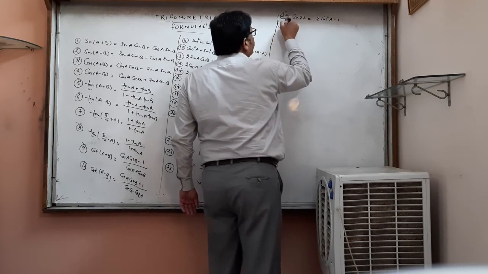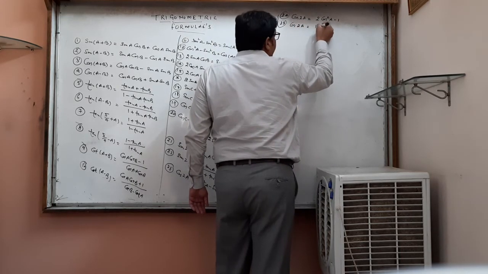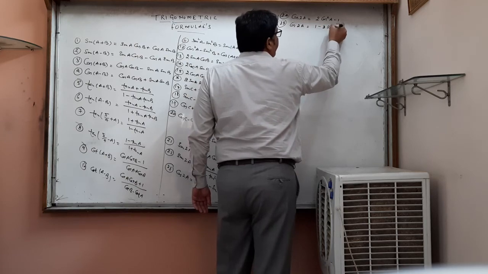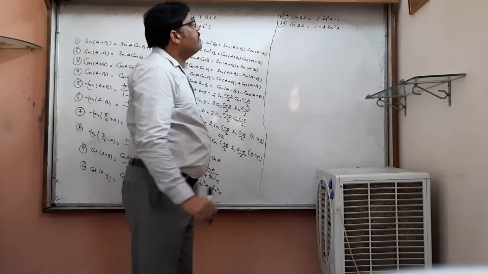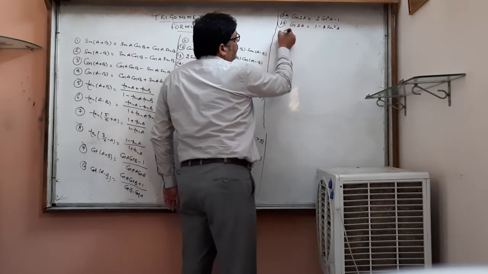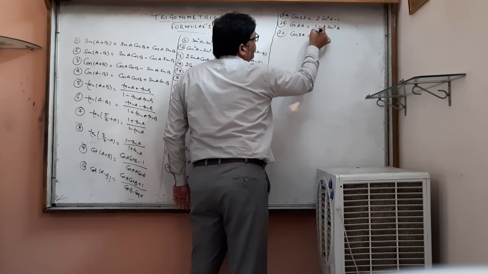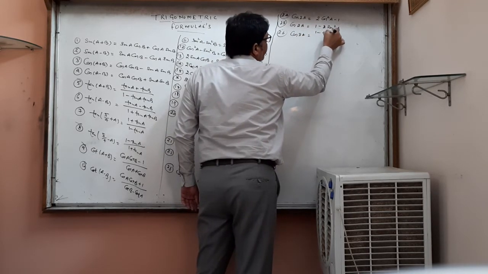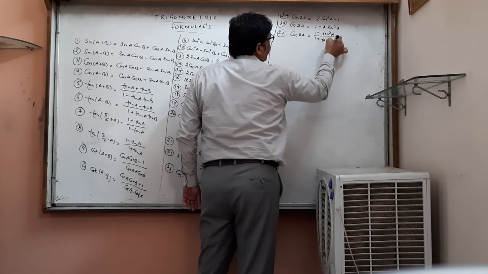Next one is cos 2A, that is 1 minus 2 sin square A. Next formula, cos 2A in tangent form is 1 minus tan square A upon 1 plus tangent square A.